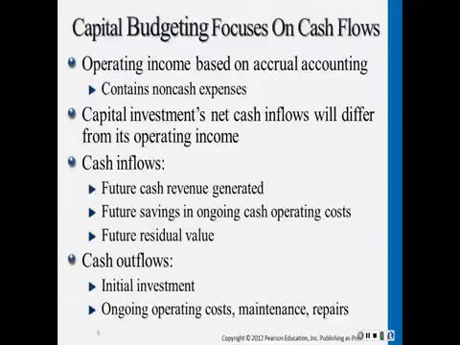Over the asset's useful life, recall that operating income based on accrual accounting contains non-cash expenses, such as depreciation expense and bad debt expense. The capital investment's net cash flows, therefore, will differ from its operating income. Of the 4 capital budgeting methods covered in this chapter, only the accounting rate of return method uses accrual-based accounting income. The other 3 methods use investments' projected net cash flows.